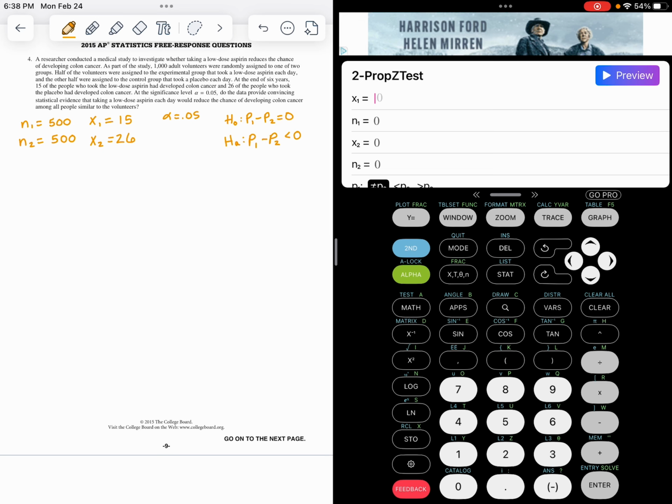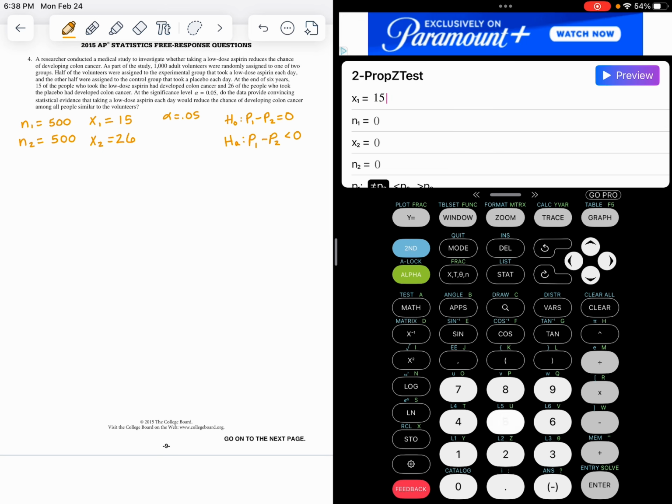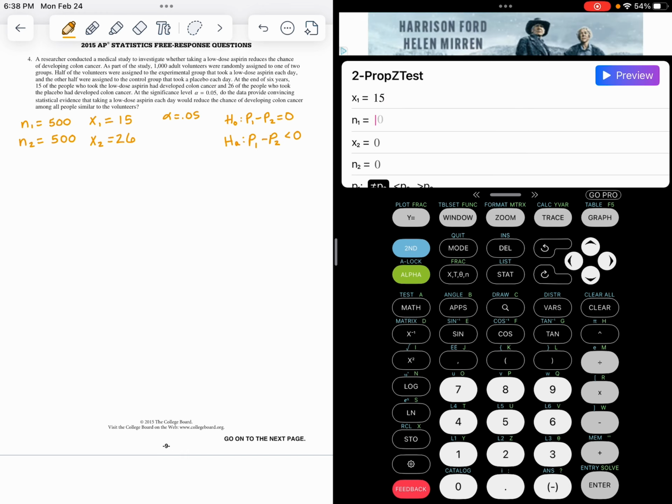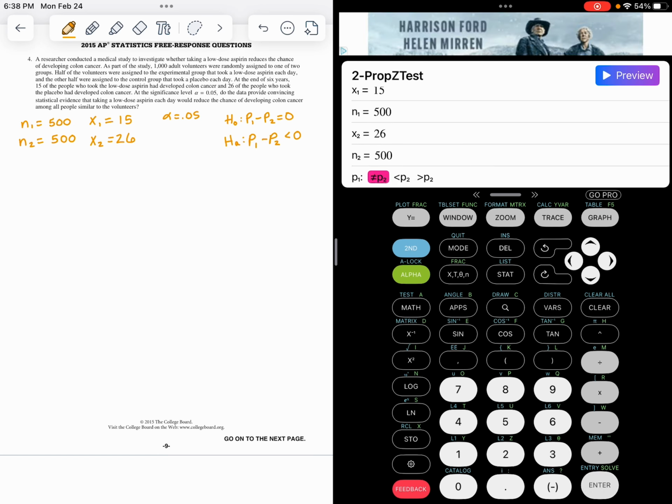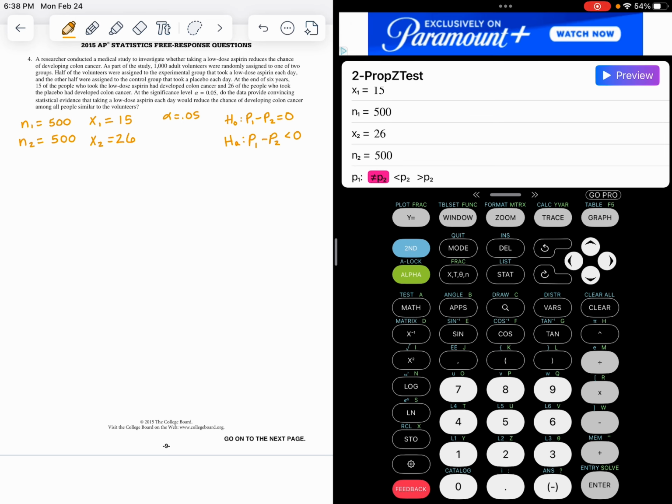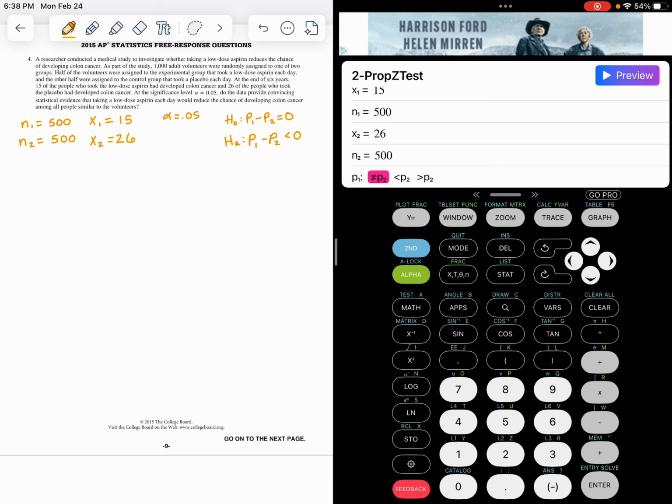Then it's going to ask for all these pieces that I wrote down. So X1 is 15. N1 is 500. X2 is 26. N2 is 500. And then in your calculator, I think it usually says not equal, P1 and P2, or it might say HA. So this is now looking at our alternative hypothesis here.